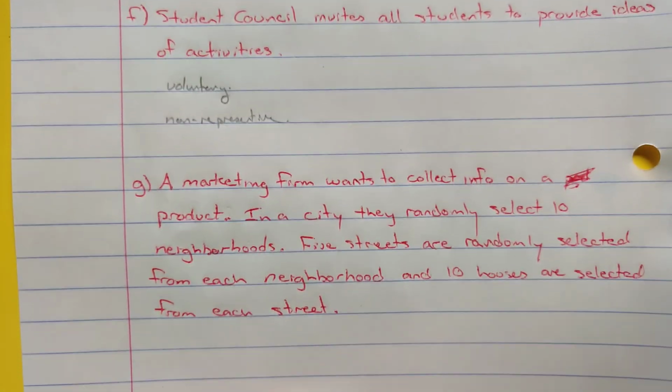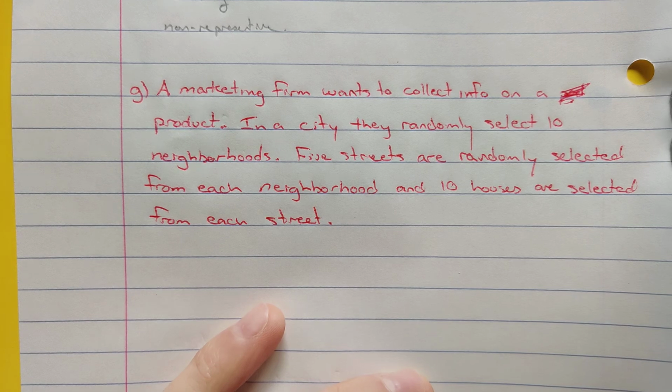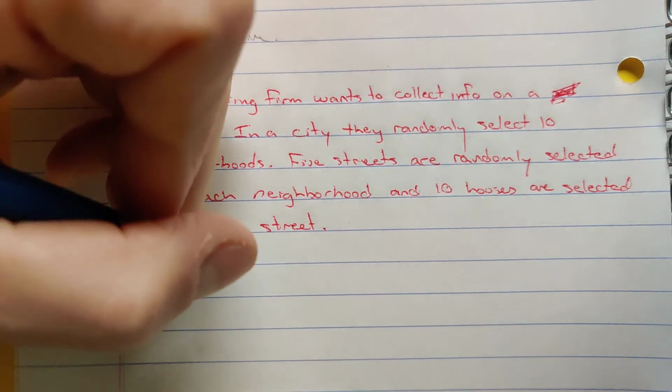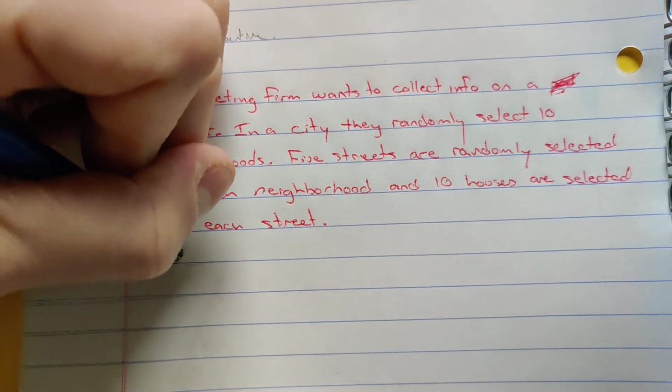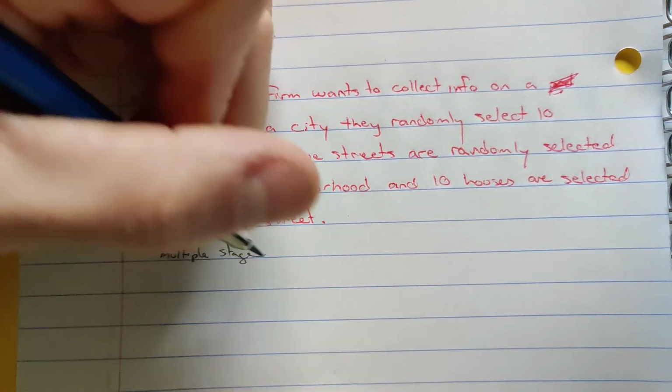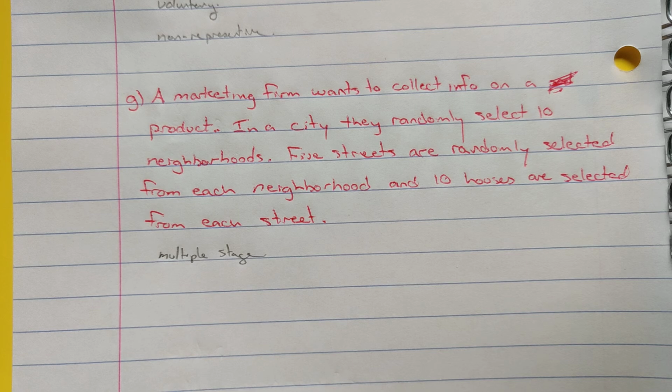And then finally, a marketing firm wants to collect info on a product. In a city, they randomly select 10 neighborhoods. 5 streets are randomly selected from each neighborhood, and 10 houses are selected from each street. In this case here, we're looking at multiple stages happening. Multi-stage situation.